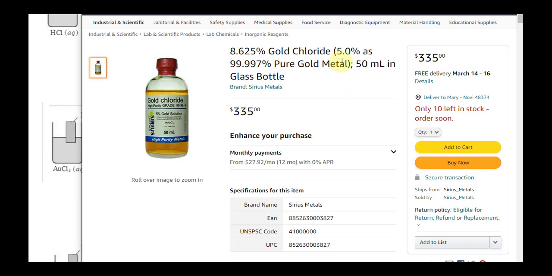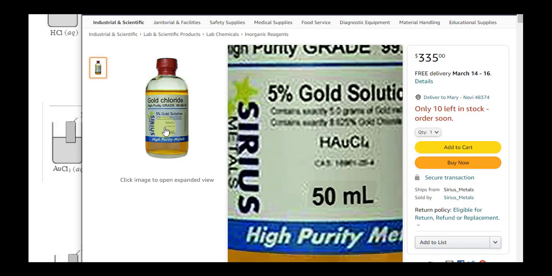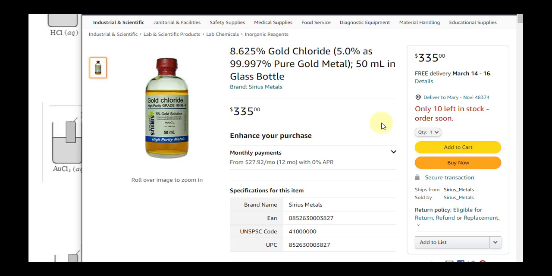You can buy 5% gold 3 solution, 50 mLs for $335. You get about 2.5 grams of gold. You've got to pay for them to dissolve it and somehow get it into solution. And again, they use aqua regia. Compare the $20 bottle of magnesium ions to the $300 bottle of gold 3 chloride.